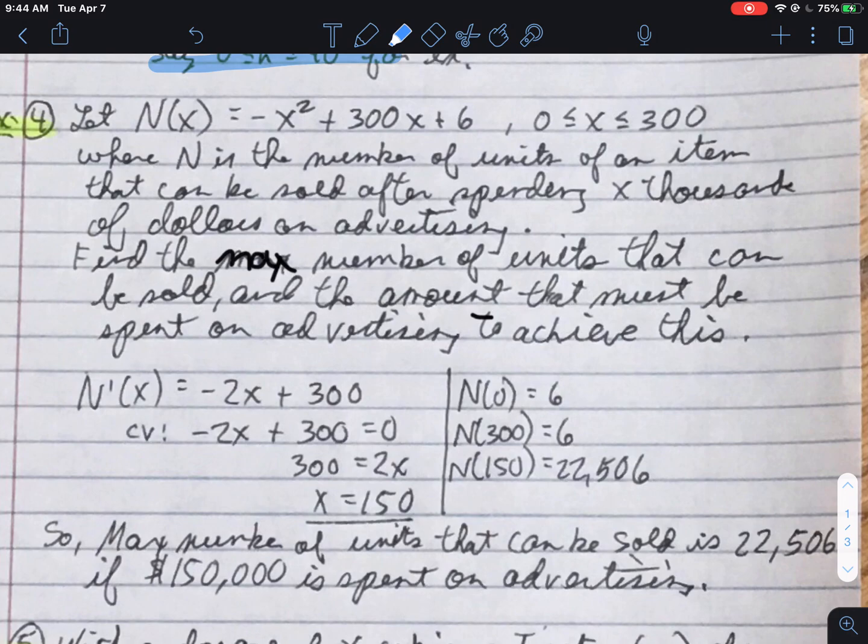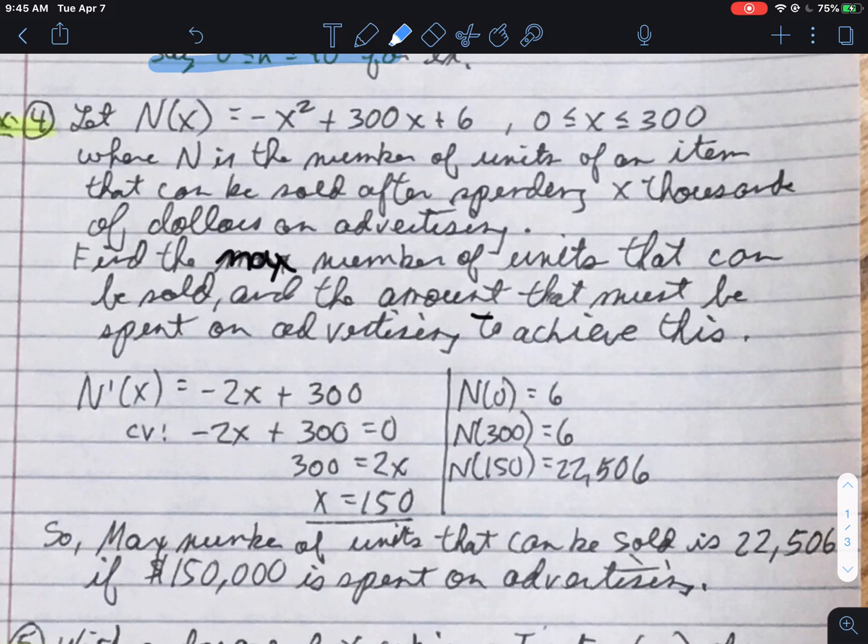So for number 4, we've got a function n of x, where x is between 0 and 300, where this function n is the number of units of an item that can be sold after spending x thousands of dollars on advertising. We're asked to find the maximum number of units that can be sold and the amount that must be spent on advertising to achieve this.